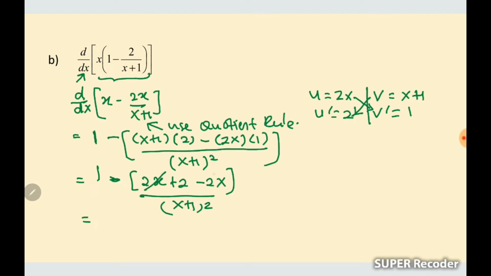So we cancel out 2x here, and the answer is 1 minus 2 over (x plus 1) squared. This is another way of answering the question.